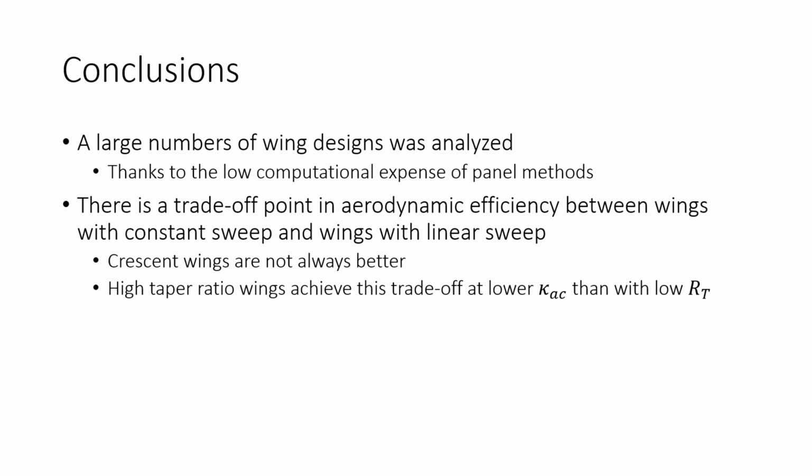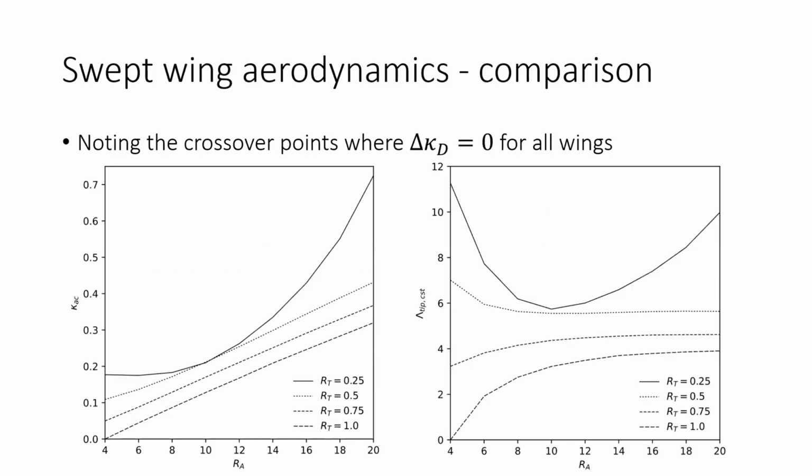I'll go back to the previous slide here for a bit. Like I said, higher taper ratios, that's this dashed line at the bottom, is taper ratio 1. And you see that the sweep angles needed for a linearly swept sweep profile to make sense are lower than those of a low taper ratio.